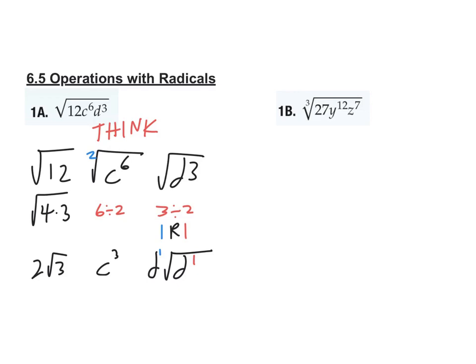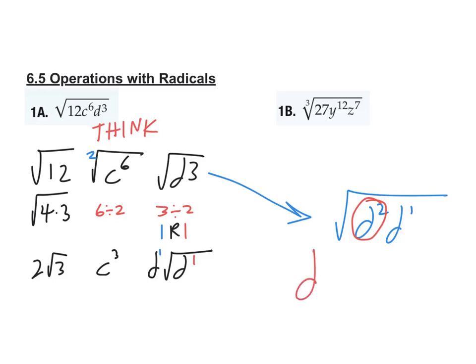So in reality, what this actually is telling us is, let me show you what this would look like if I broke it down into factors like we did over here. Okay, so if I broke this down, it would be d squared times d to the first, because that's d to the third, right? This part, square root of d squared is d, and then I'm still left with this d on the inside.